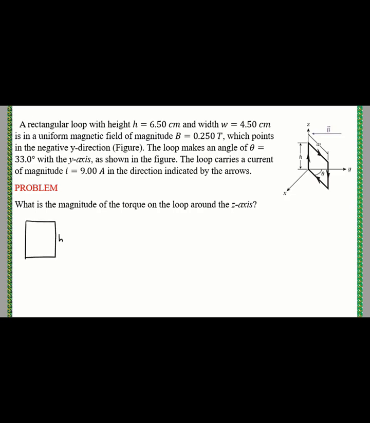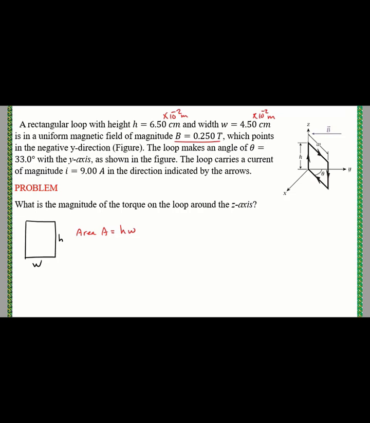This is H, this is W. From these two pieces of information, I will have the area A equals H times W. And don't forget to convert to meters, 10 to the minus 3 meter for the millimeter, 10 to the minus 2 meter for the centimeter. In a uniform magnetic field, this is the magnetic field, which points in the negative y direction.